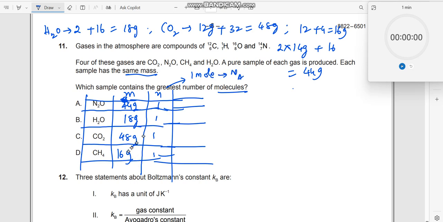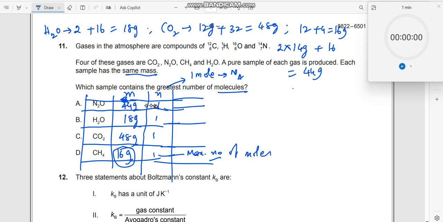But that is not what is required here. What is required is the same mass. So the least molar mass will have the maximum number of moles and molecules. There is a direct correspondence between them.